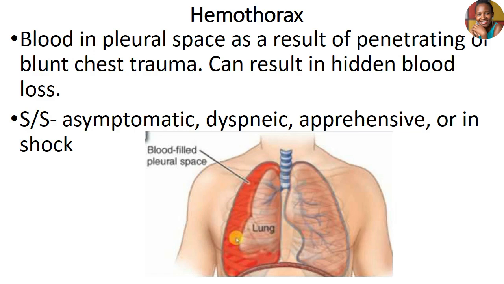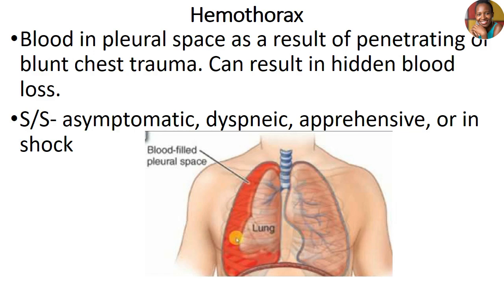And this blood generated because of the trauma can accumulate in the pleural space, and while the blood is accumulating there, it leads to a condition we call hemothorax. Unfortunately, most of the time the blood ends up hidden, so we end up with hidden blood loss, meaning we cannot see this blood.